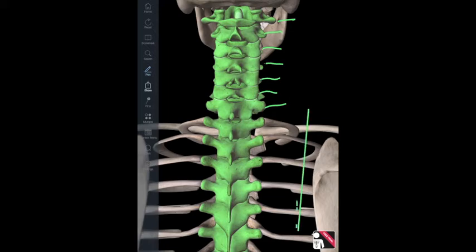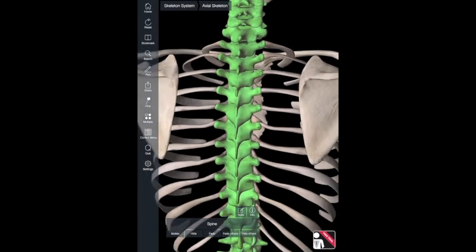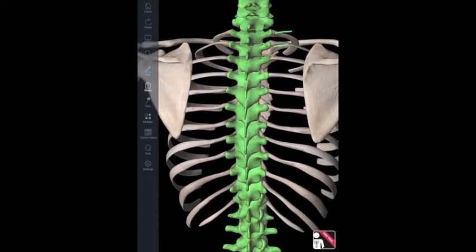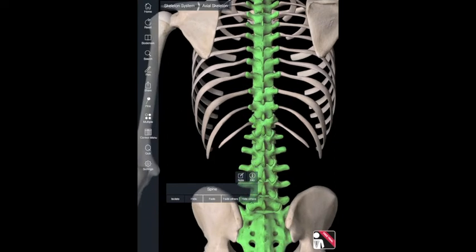If we then go down a little bit more, the next 12 you can see are all attached to ribs. So if we're looking at these ones, there's T1, T2, T3, T4, T5, 6, 7, 8, 9, 10, 11, 12. So all the thoracic vertebrae are attached to ribs. Really easy to remember that. Then after that, you go a bit further down.